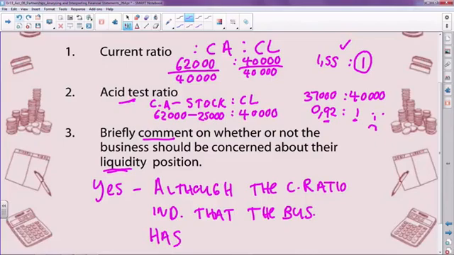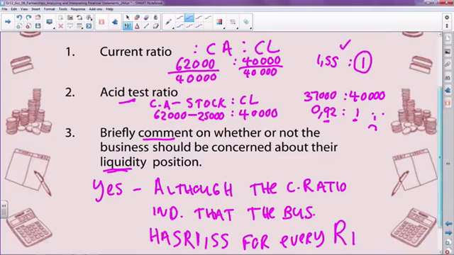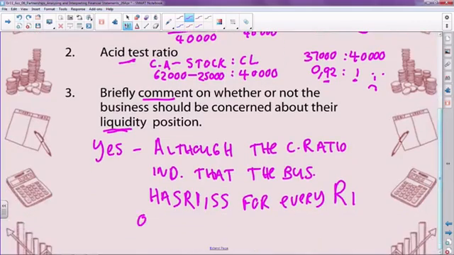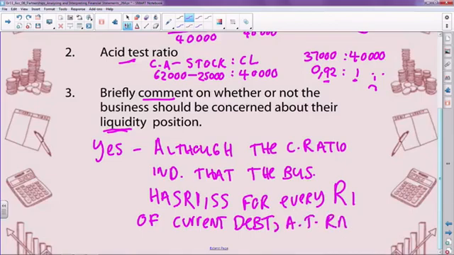1 rand 55 cents for every 1 rand of current debt. Okay, or you guys can obviously quote the ratio above, right? Then you mention the asset test ratio. Okay, so the asset test ratio, I just want to quote.